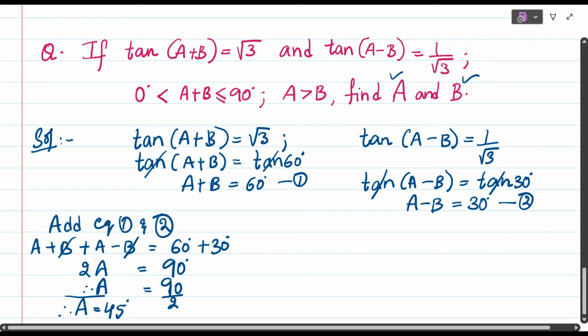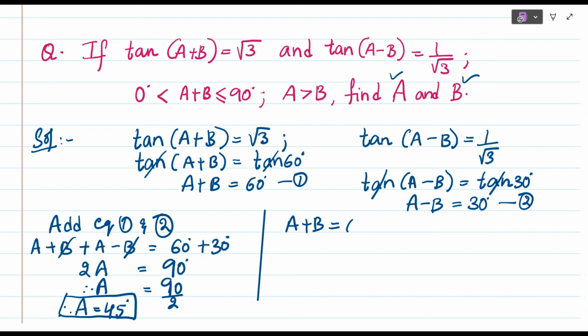So apply the A value in any of the equations 1 and 2 and find the value of B students. Clear? So we have A plus B is equal to 60 degrees. So the value of A is 45 degrees plus B is equal to 60 degrees. So transpose 45 towards the RHS side, 60 degrees minus 45 degrees. Okay. So the value of B will be equal to 60 minus 45.